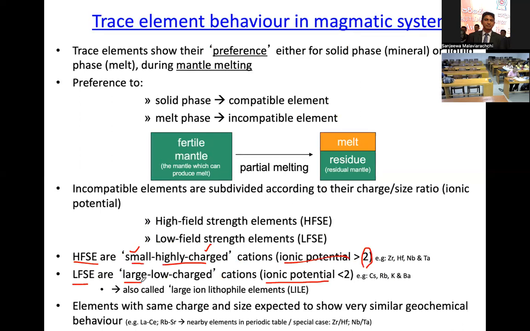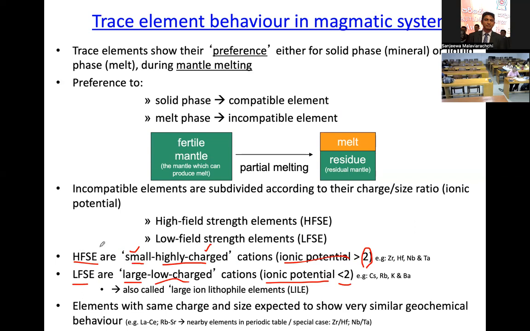Actually these are cations, because they are participating in reactions. Large but low charged, that means the charge is low. So that is ionic potential. It's a boundary condition like 2 that we used for classification of these particular elements.